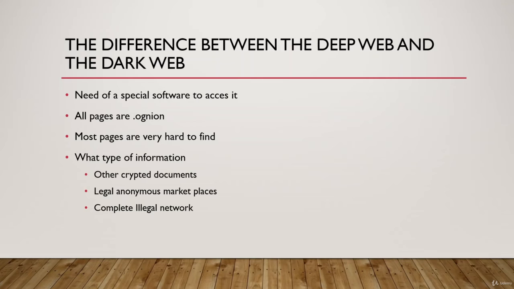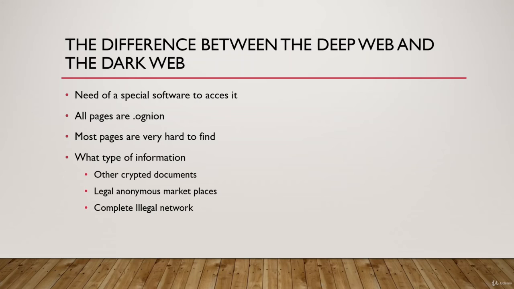And another difference between the surface web and part of the deep web, and the dark web, is that on the dark web everything is anonymous. So it's not on the PowerPoint, but everything on the dark web is, let's say, anonymous, because the software that you are going to use, which is Tor, helps you stay anonymous.